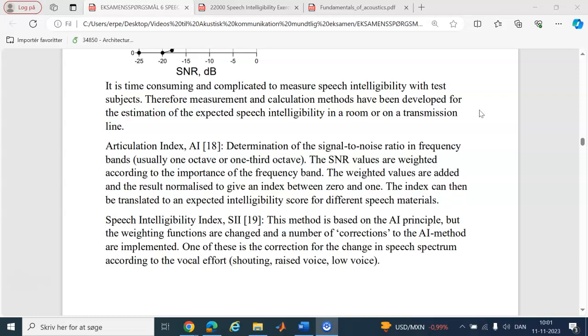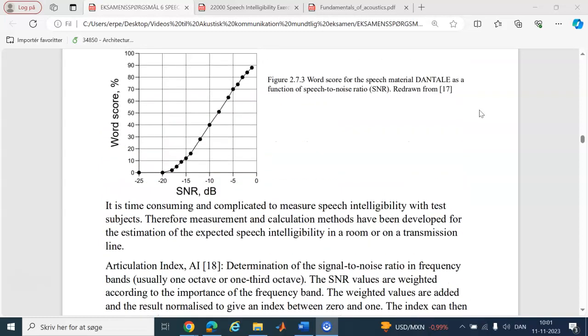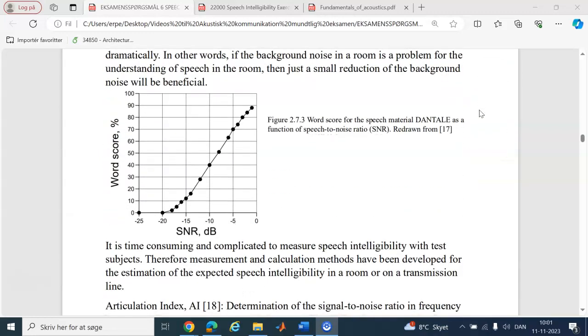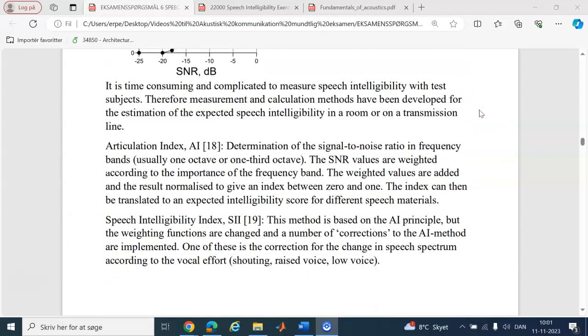We have another one, Speech Intelligibility Index SII, I talked about before, about the curve and Lombard effect. This method is based on the AI articulation index principle, but the weighting functions are changed and a number of corrections to the AI method are implemented.